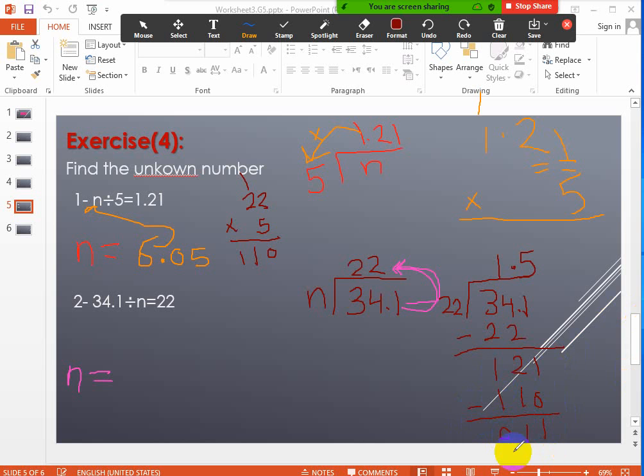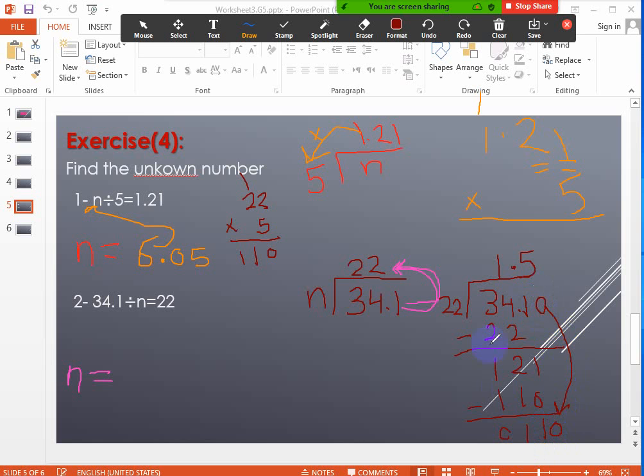Now, look, I have 11 left with me. What do I have to do? Remember, I will use the digits after the decimal point. I have 0, so I will take this 0 and put it down. So the number becomes 110.